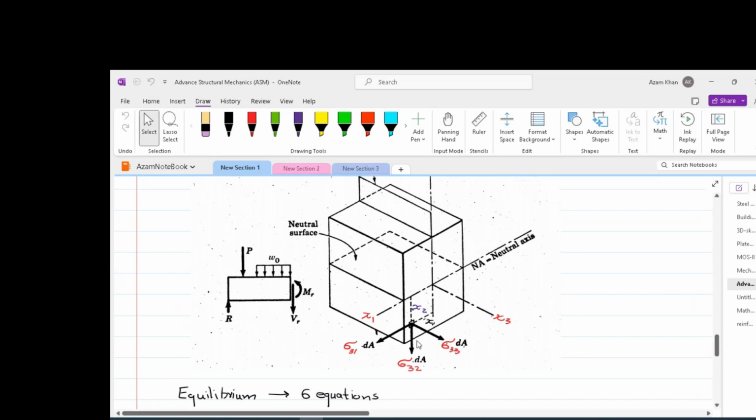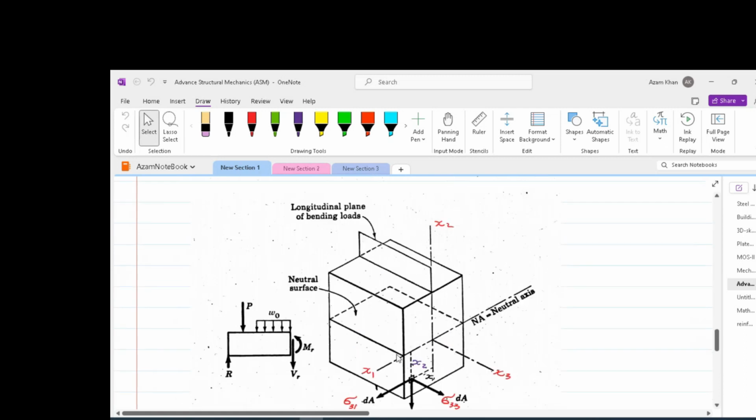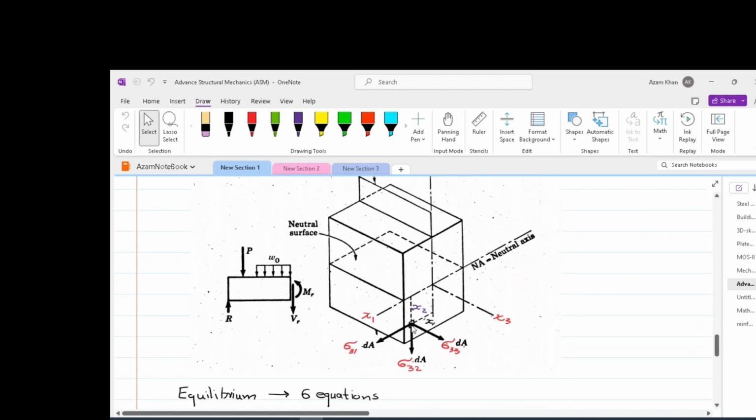Let us assume that we consider one small area element which is located at a distance x2 from the neutral axis, and x1 from the x2 axis or the longitudinal plane. At this element, we have axial force, which is stress 33 times dA, and we have got two shear forces, which are stress 31 dA and stress 32 dA.